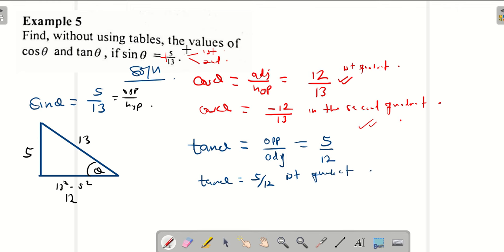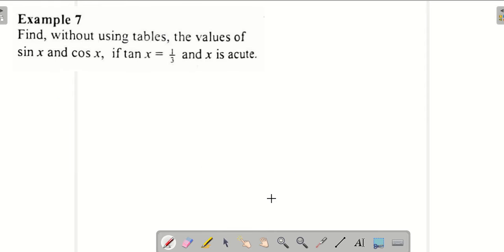But in the second quadrant, tan is not positive, it is negative, and tan theta is equal to negative 5 over 12. So these are the two solutions for tan theta.